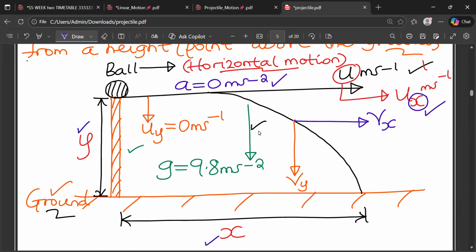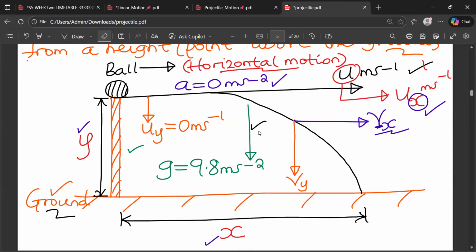Sorry, I mean V means final. Then U means initial. So when I say Vx, I mean final velocity in the horizontal plane, or along the x-axis. I beg your pardon. U means initial, V means final, X horizontal plane, Y vertical plane. Vy, final velocity in the vertical plane; Vx, final velocity in the horizontal plane.